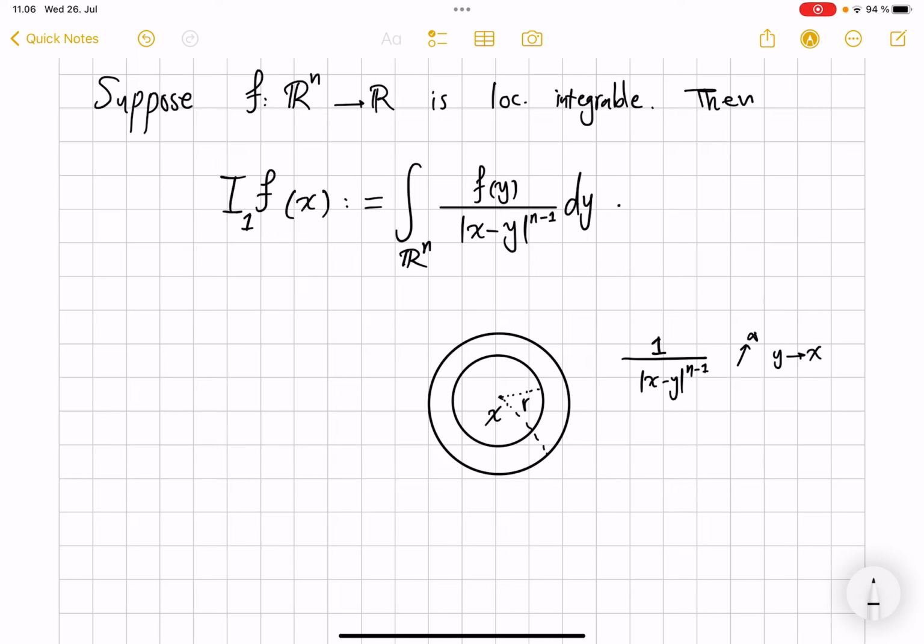And also notice that if |x minus y| is bigger than 1, actually the denominator is making the function even smaller. Another big difference with the maximal function here is that we don't have an absolute value here. It's the function itself, so this can produce negative values as well as positive values.